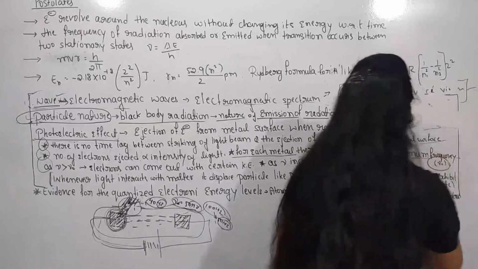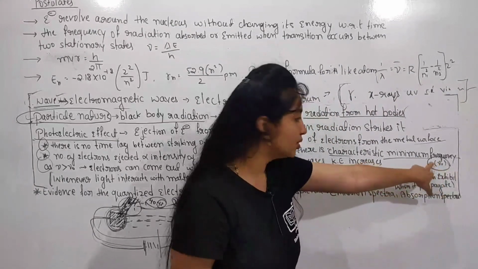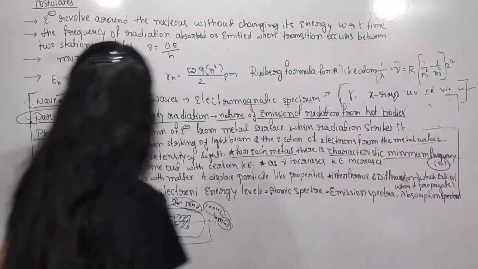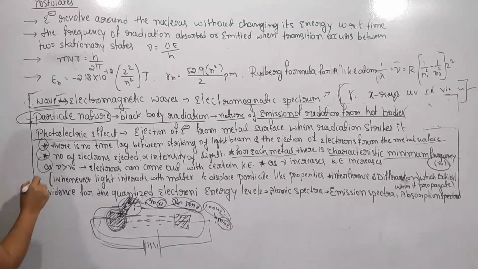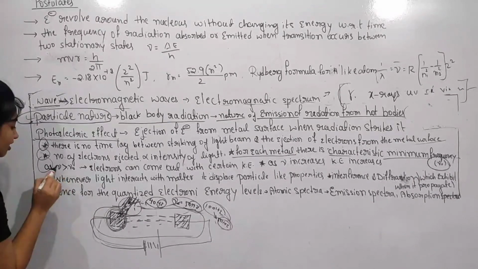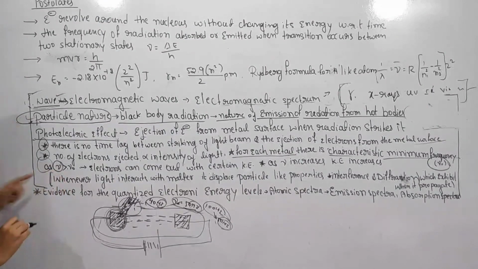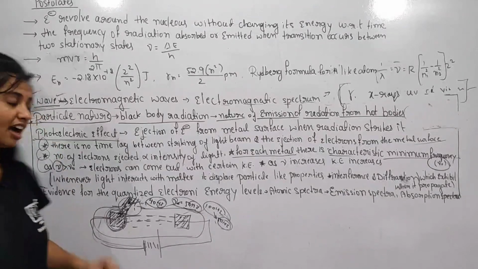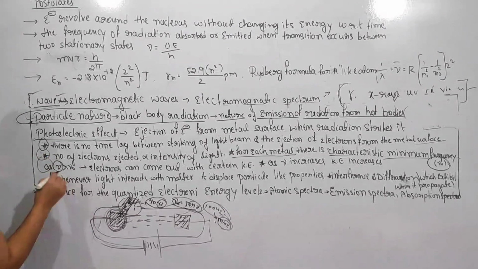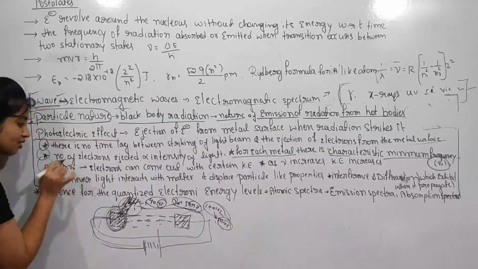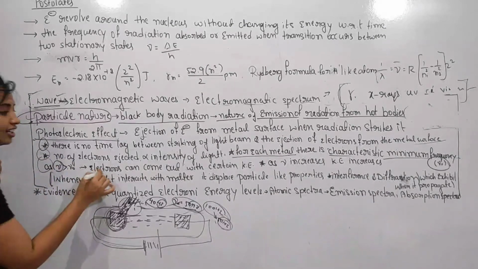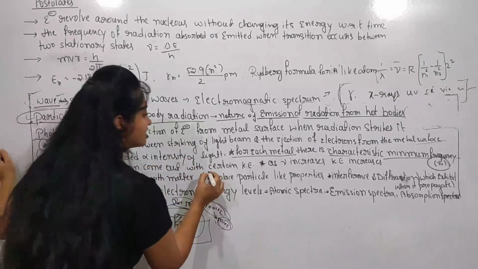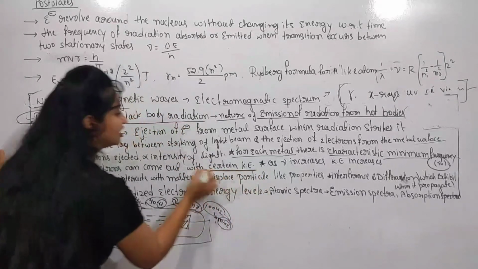This frequency is denoted by mu naught, and mu is our applied frequency, mu naught is the threshold frequency. If our applied frequency is greater than the threshold frequency, then what happened? Electrons can come out with a certain kinetic energy.